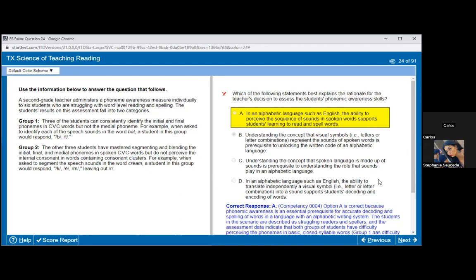And because they are struggling with word level reading and spelling, the student results on the assessment fall into categories.